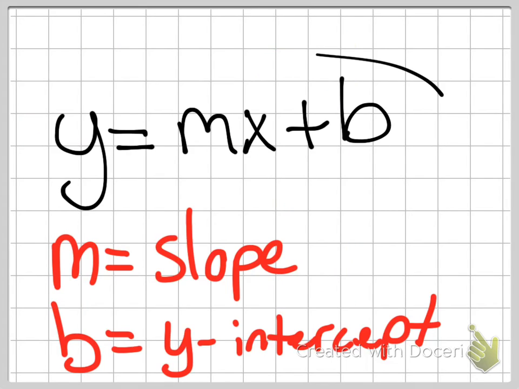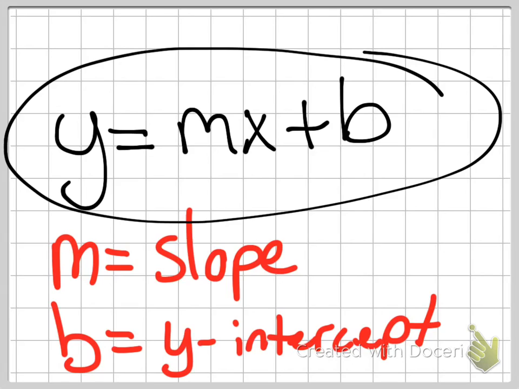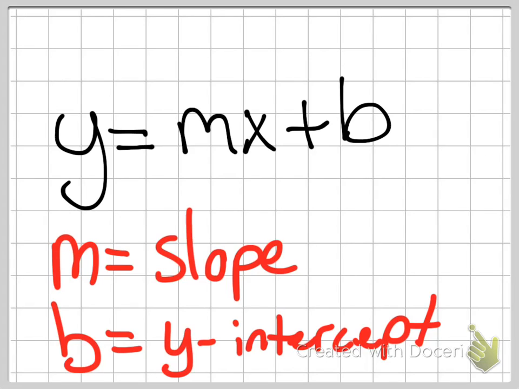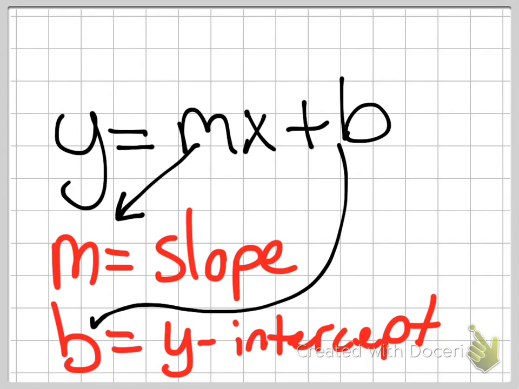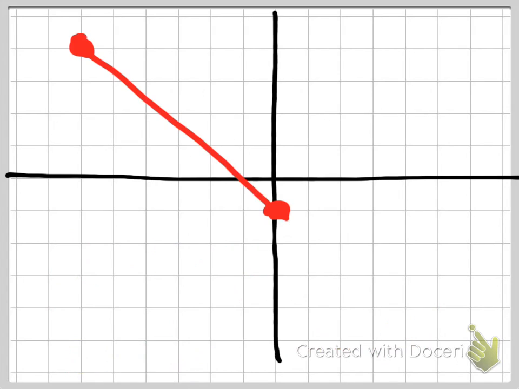And here's just another bigger view of what the slope-intercept form looks like. m equals your slope, and b equals your y-intercept. Now for this example again, I'm going to be doing y equals mx plus b.